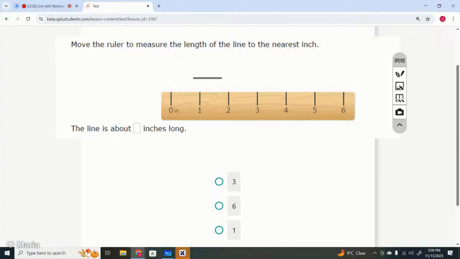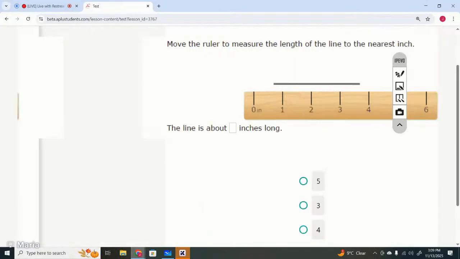So the line is about how many inches long? The correct option is 1 inch long.